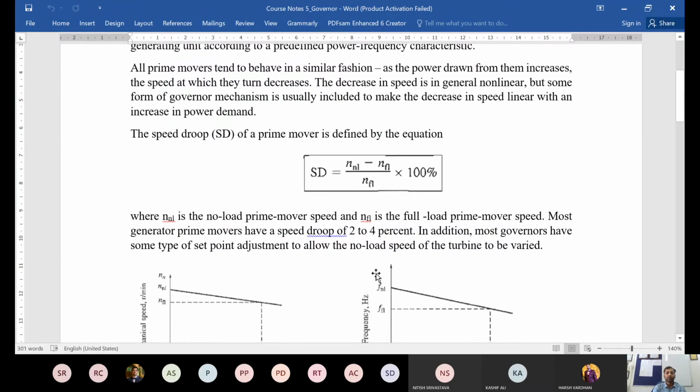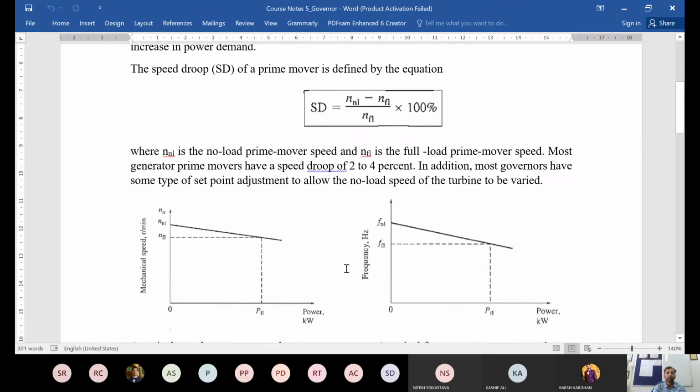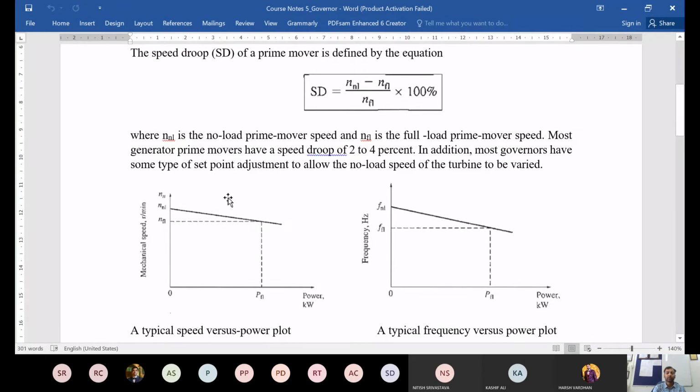So let's look at what this looks like in terms of a graph. The one on the left-hand side is the speed droop curve. You have the mechanical speed of the machine in RPM, revolutions per minute, plotted on the y-axis, and the power demanded from the machine, the electrical power output in kilowatts, on the x-axis.